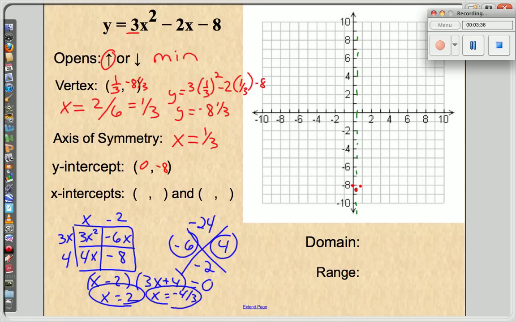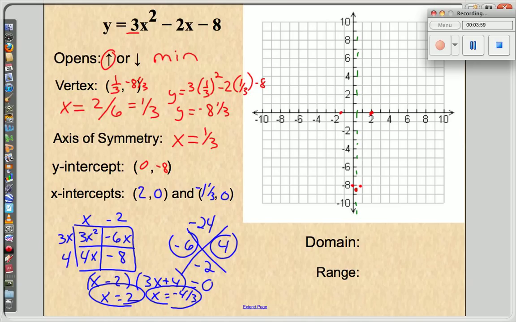So my x-intercepts would be 2, 0. And I'm going to change that to a mixed number so it's easier to graph, and that's going to be -1 and 1/3, 0. So I'll go back to my red marker here. 2, 0, there's one x-intercept, and -1 and 1/3, there's my other x-intercept.